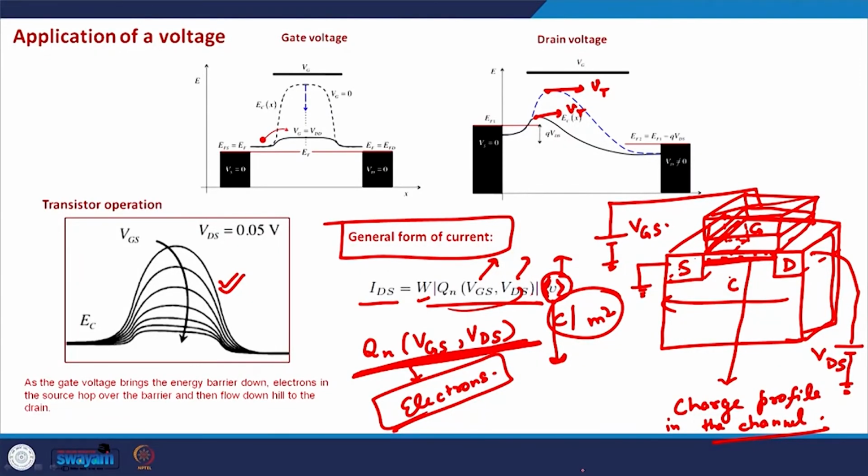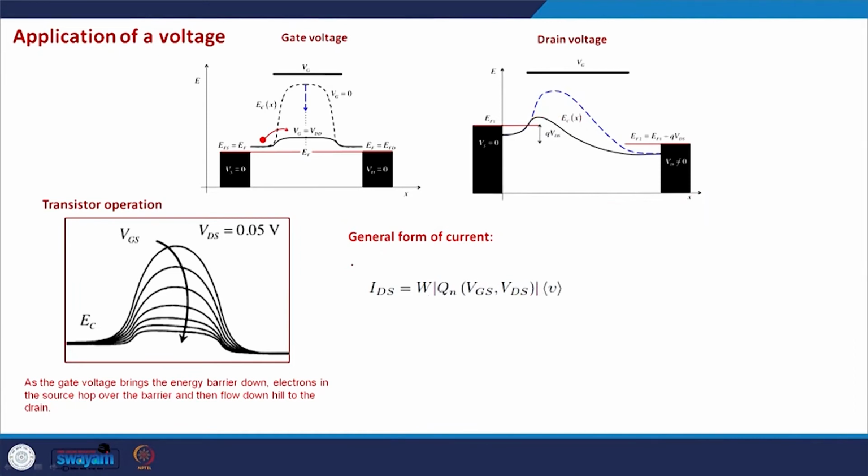So this is a very general form of the current in the MOSFET, given as the multiplication of the charge density and the velocity at which the charge carriers are getting eliminated from the system.